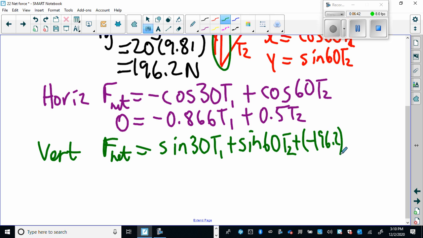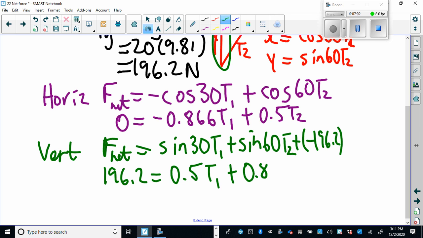So to save a step, I'm going to slide this 196.2, since it's negative, over to this side here. And then sine of 30 is 0.5, so 0.5 T1. And sine of 60, you might have guessed, is 0.866 T2.